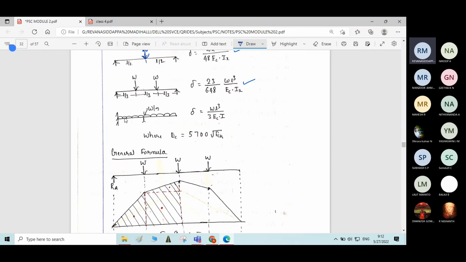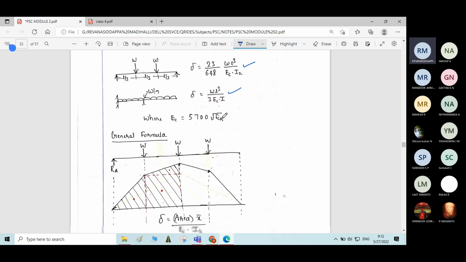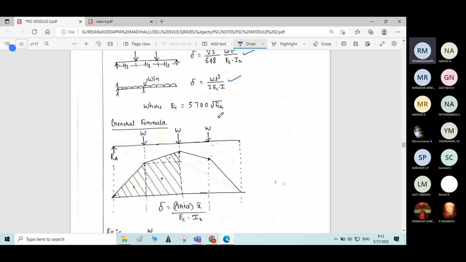Similarly, if the live load given is UDL and the support condition of the beam is cantilever, then you will use the formula W Lq^4 by 8 Ec Ix for finding the deflection due to UDL when the beam is cantilever.